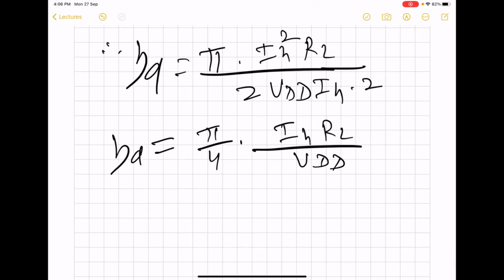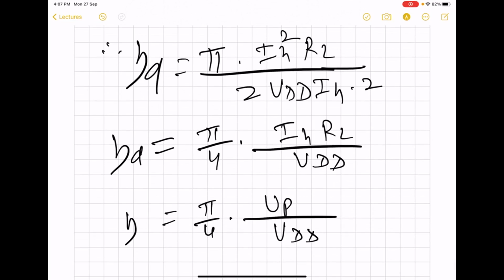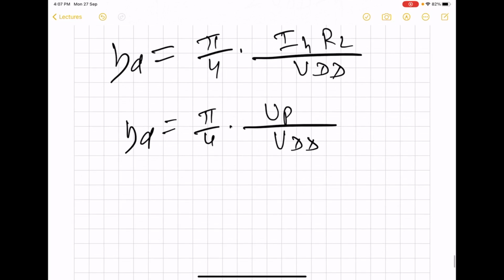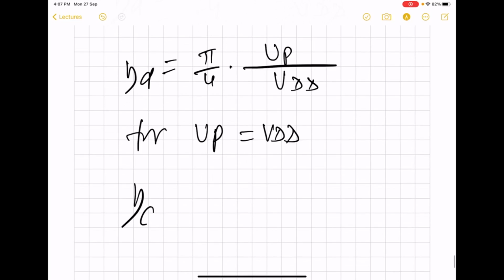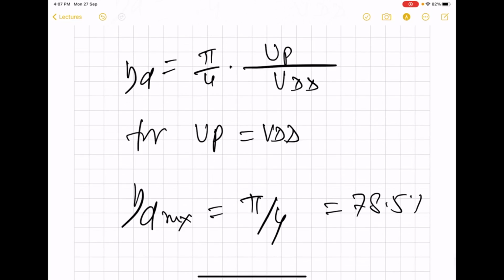And IH RL is actually the amplitude of the output. So here we find that efficiency is going to be a function of Vp. So for Vp equal to VDD, the efficiency is going to be maximum, and again it is going to be equal to pi by 4, same as that of the previous case.